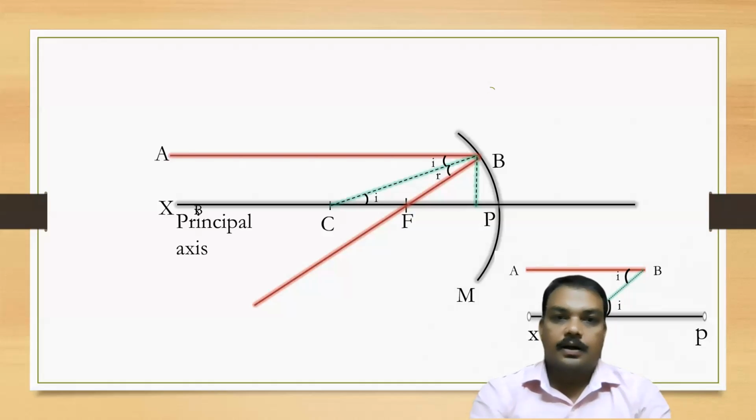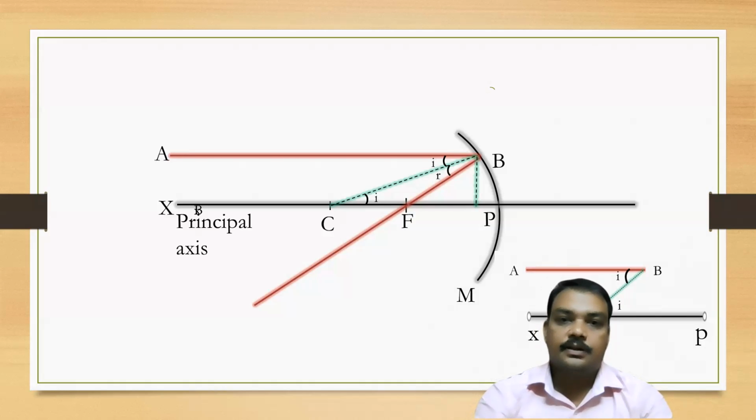Let us mark the angle of incidence and the angle of reflection. The incident ray makes an angle with the normal, known as the angle of incidence. The reflected ray makes an angle with the normal, called the angle of reflection.